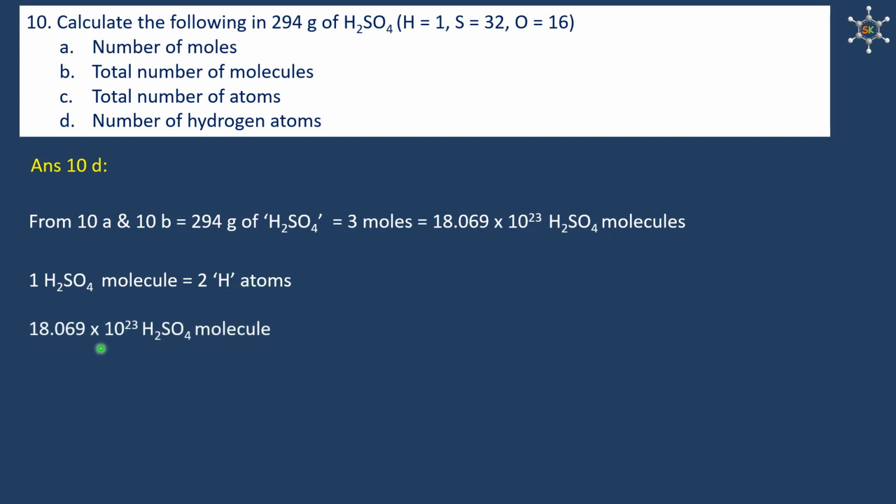So, 18.069 into 10 to the power of 23 sulfuric acid molecules should consist of 2 multiplied by 18.069 into 10 to the power of 23 hydrogen atoms. If we simplify, the answer comes out to be 36.138 into 10 to the power of 23 hydrogen atoms in 294 grams of sulfuric acid.